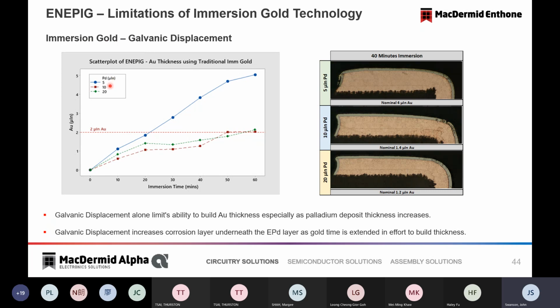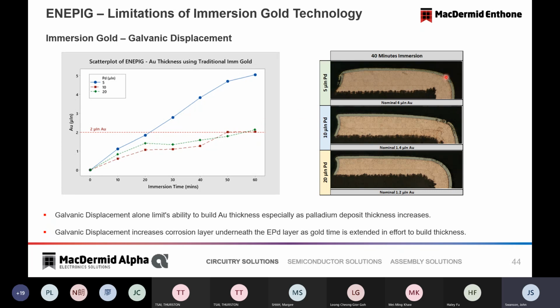We're looking at three situations: 5, 10, and 20 micro-inch thickness of palladium, and the ability here to build gold thickness in those situations. If I have a thin palladium thickness, I can build gold thickness over an immersion time quite easily. But if I build palladium thickness to 10 or 20, there is difficulty in building thickness. So the immersion gold system will have some challenges in ENEPIG situations.